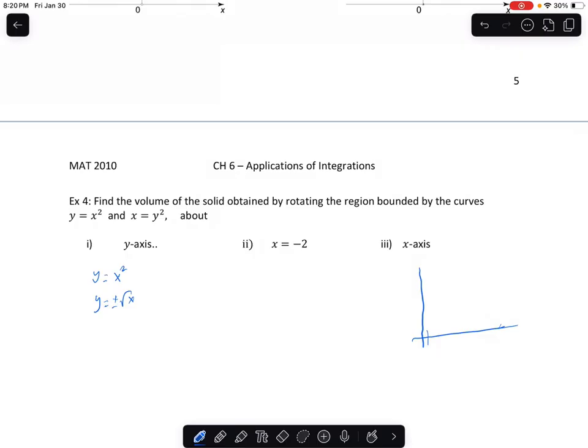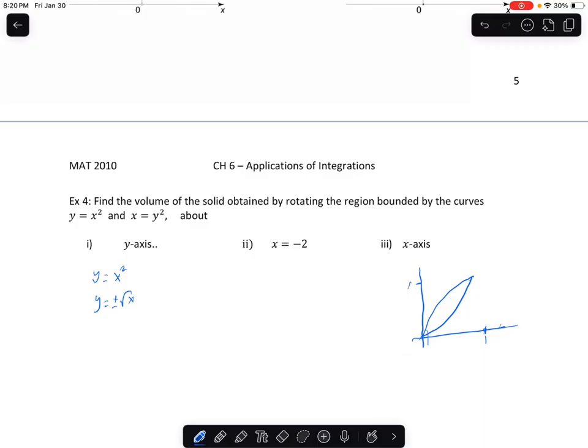If I graph it, something like this, and then x square will be like this.